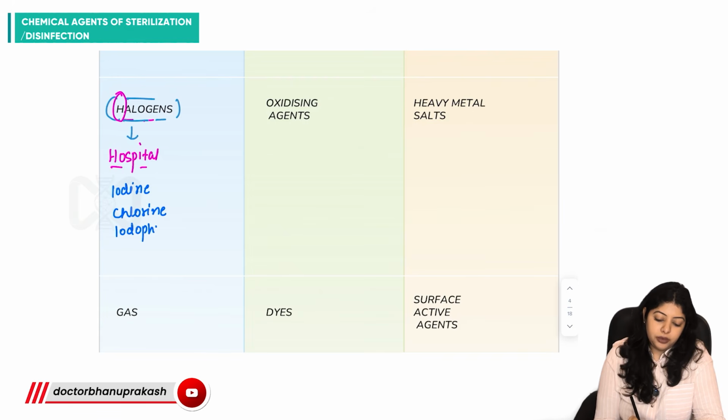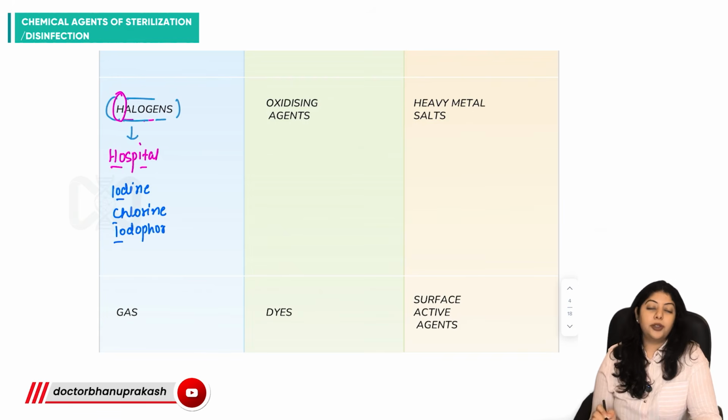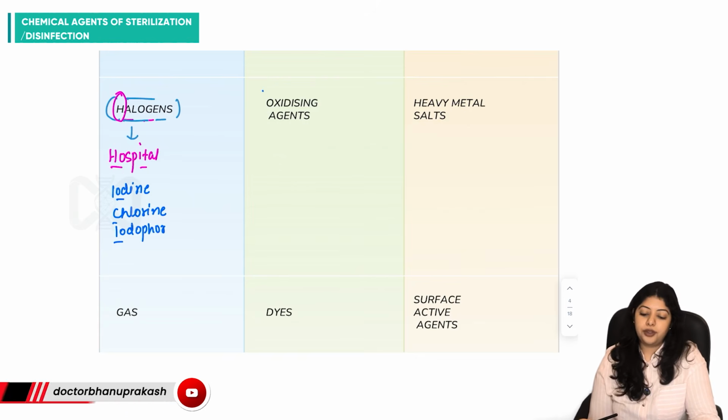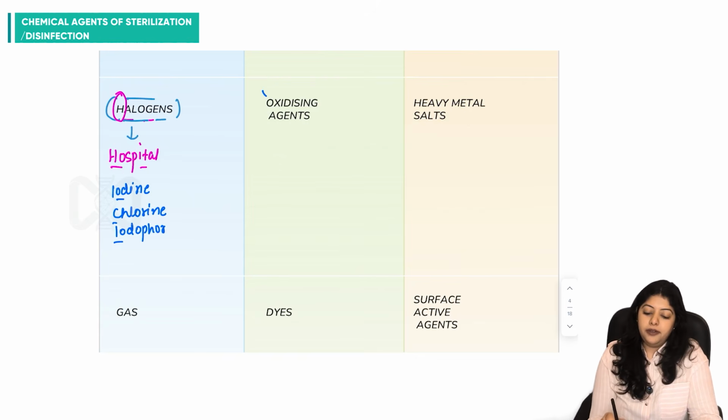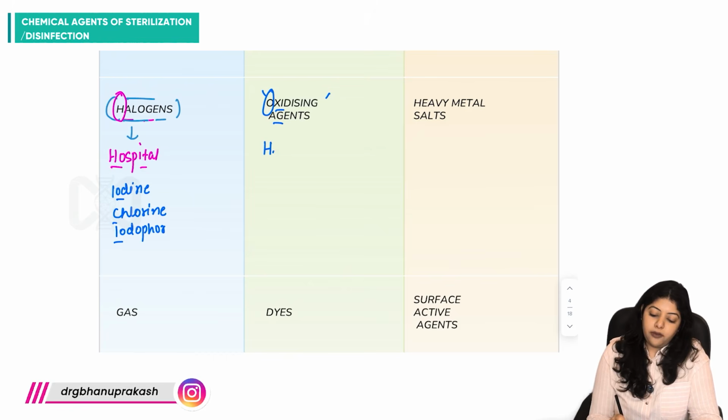So these are the agents included under halogens. And then we have the oxidizing agents. Oxidizing agent, O. So of course these are going to have O in the agents as well. They are hydrogen peroxide and peracetic acid.